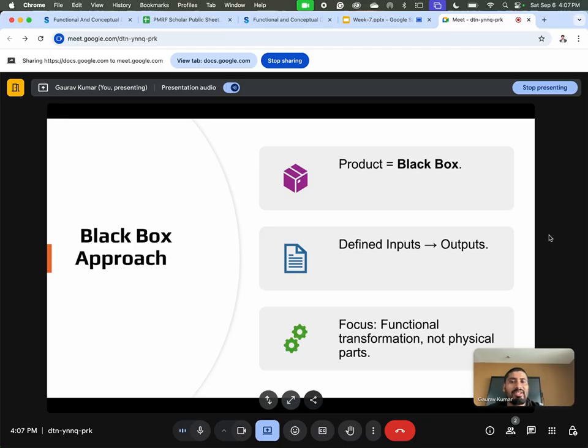This shift in focus from components to functions helps us see the system more abstractly, allowing us to imagine multiple possible solutions. Different mechanisms may perform the same function, and by keeping the box black, we avoid prematurely locking into a single technical choice.